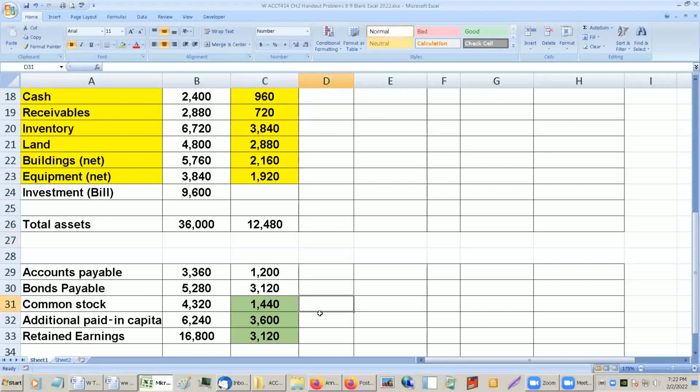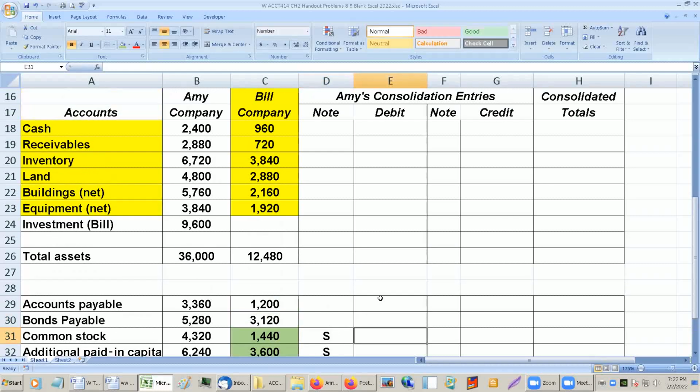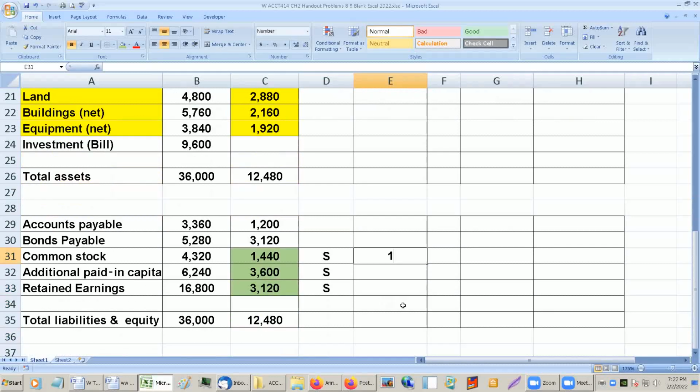Okay, so for our SAIDI rules, this is the stock. This is the S we have to get rid of, all of these. So we have to get rid of the 1440, 3600, 3120. And we have to take it out of this investment account.